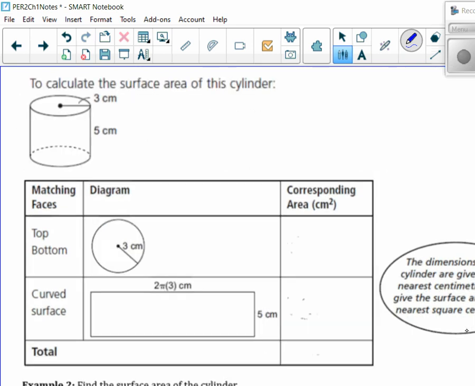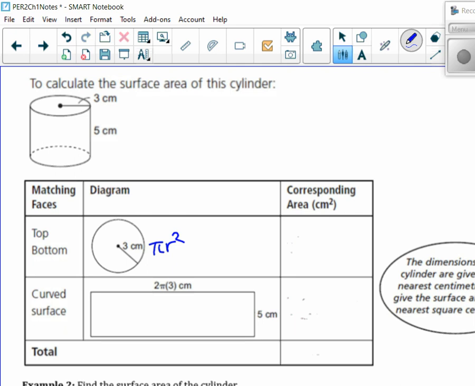All right, let's try the surface area of a cylinder. So area of a circle is pi r squared. You should be using the pi button in your calculator, so locate that. Do not use 3.14. All the answers will be with the pi button.